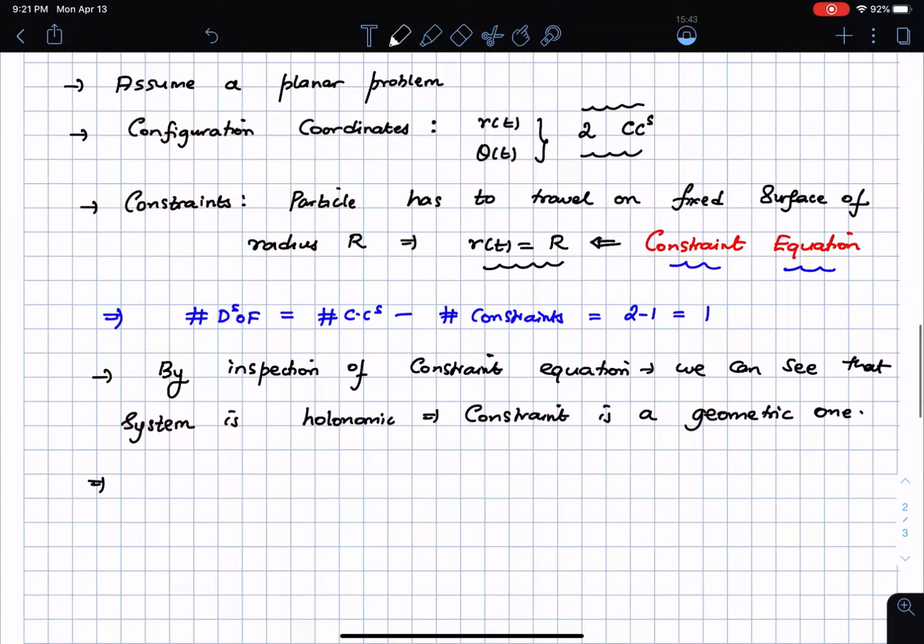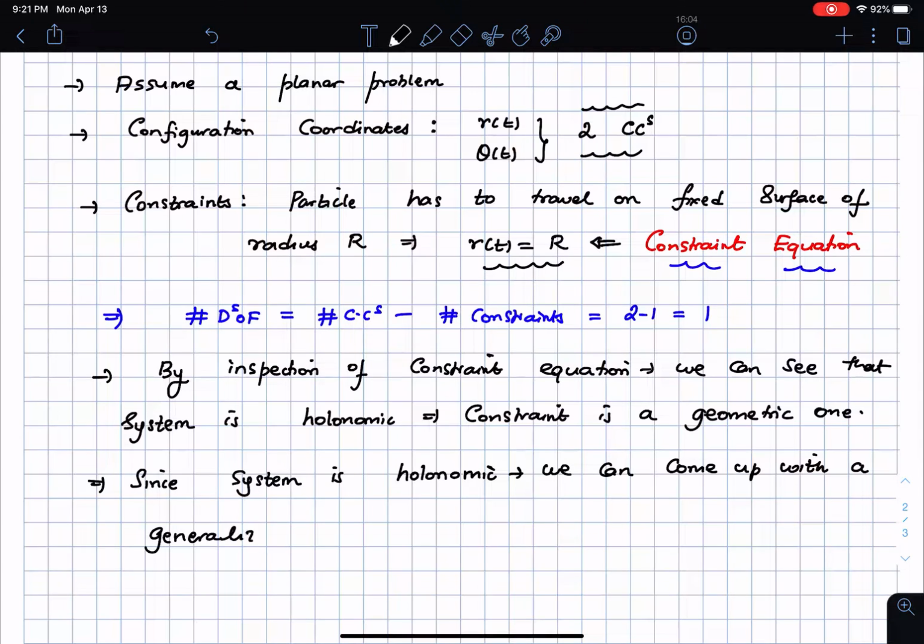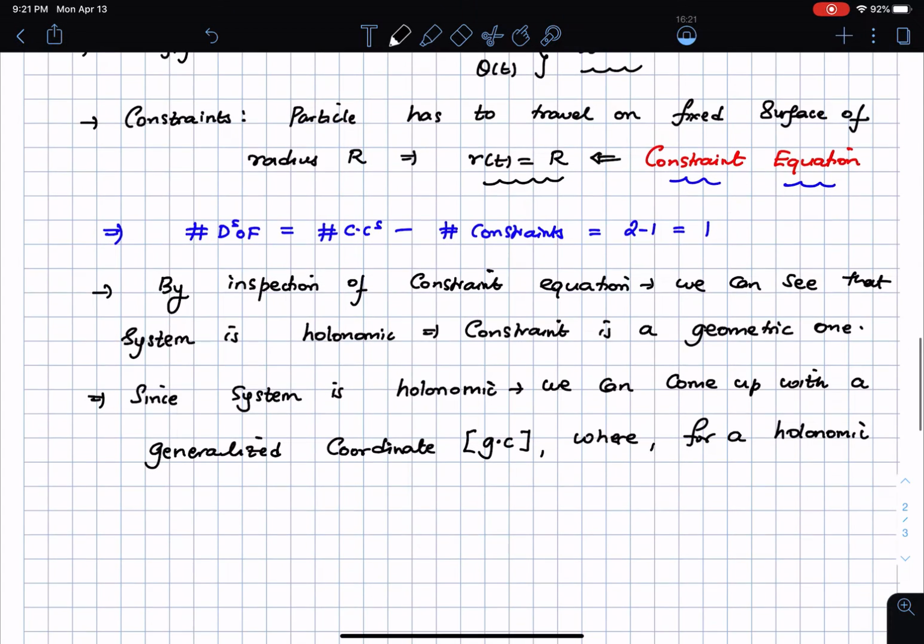So this implies that since the system is holonomic, we can come up with a generalized coordinate, which I'm going to call GC, where for a holonomic system, the number of generalized coordinates is equal to the number of degrees of freedom.